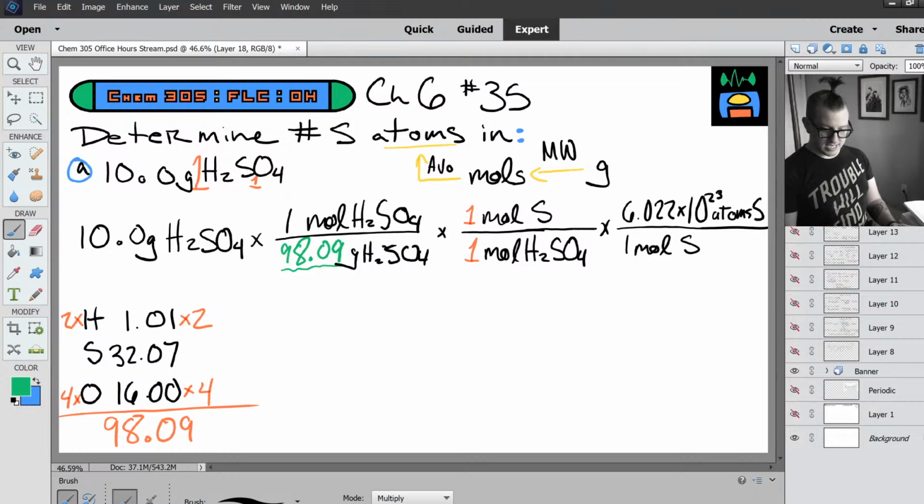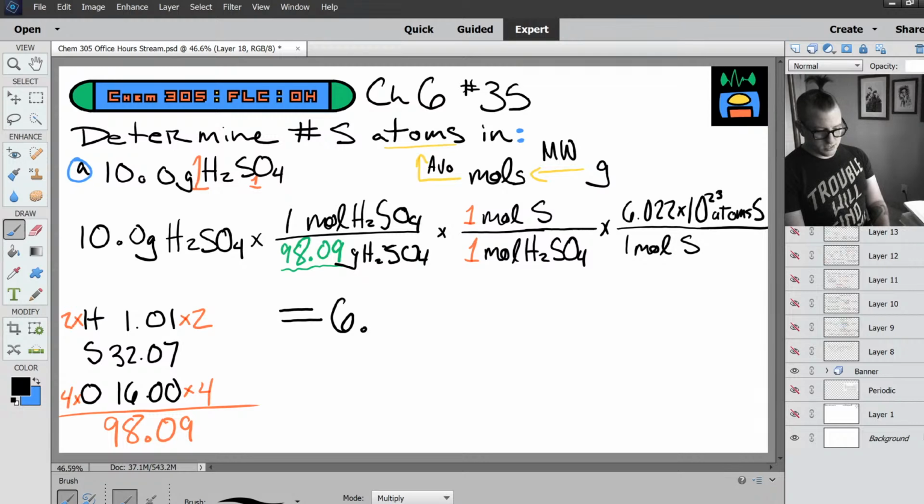Okay, so now that we have all these things locked and loaded, we can actually calculate how many atoms we'll have. So 10.0 grams divided by 98.09 times 1 divided by 1 times 6.022. Let's see if we can keep 3 sig figs.